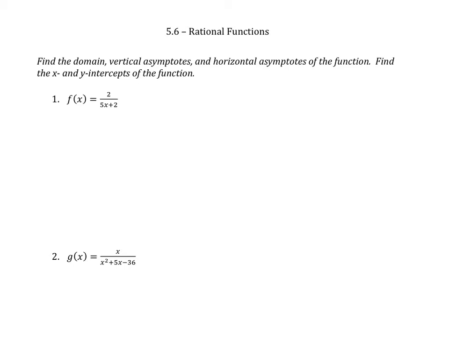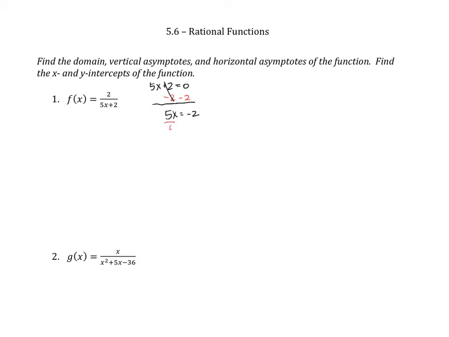First of all, remember for the domain, if you have a fraction, the denominator cannot be 0. So to find the domain, you take the denominator and set it equal to 0 and see what problems we'll have. To solve, we subtract 2 from both sides, and we get 5x equals negative 2.